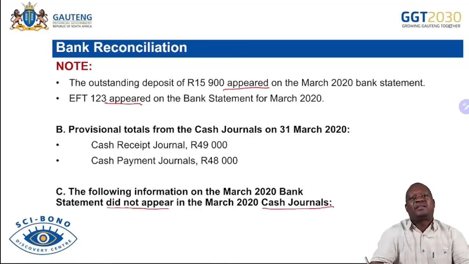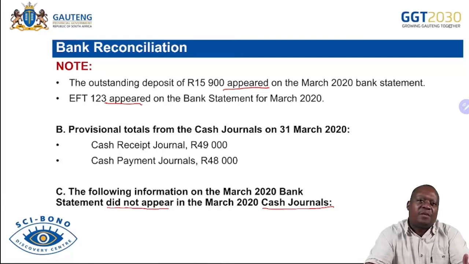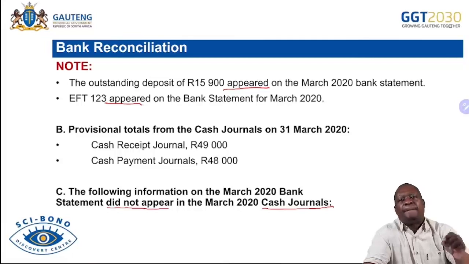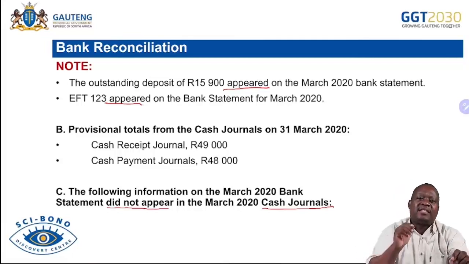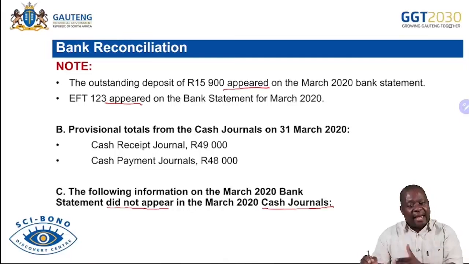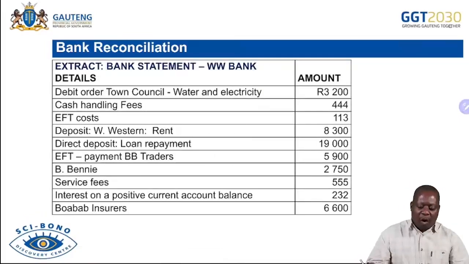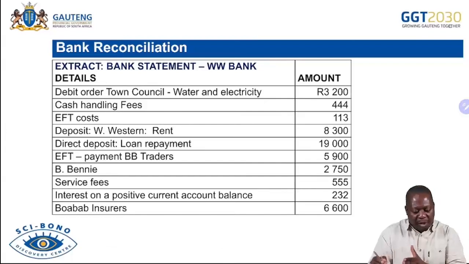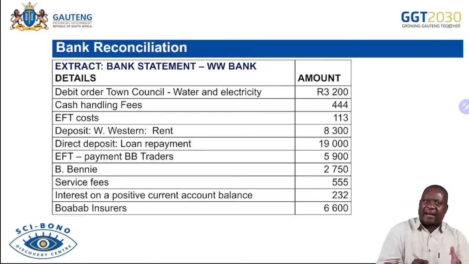Same statement, same way of presenting information. So we need to know, where do we take this information? It appeared on the bank statement, but did not appear in the cash journals. So this information belongs with the cash journals. What we don't know is whether it is going to be in the CP or in the CR.